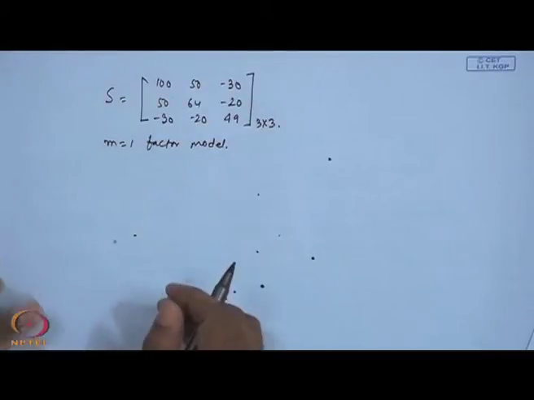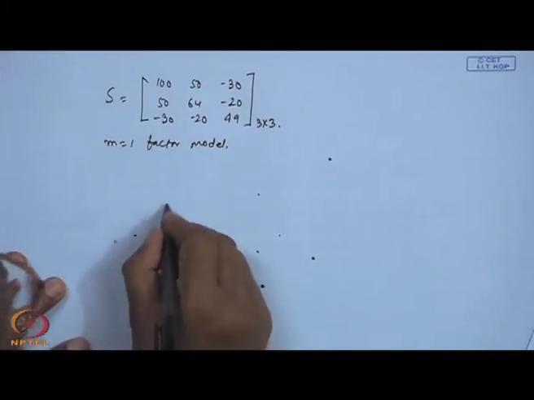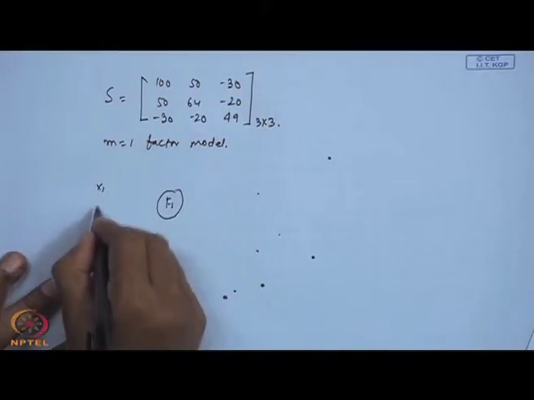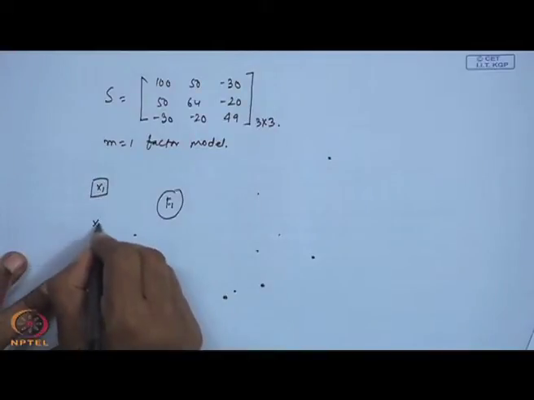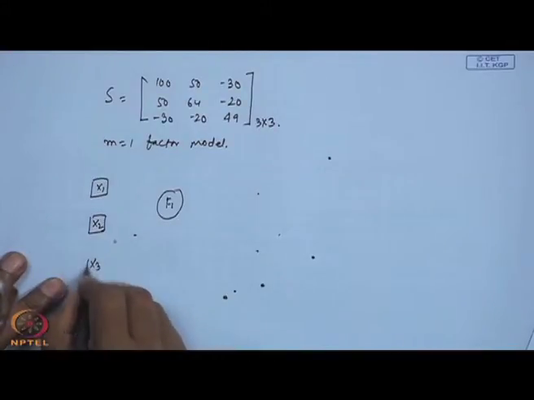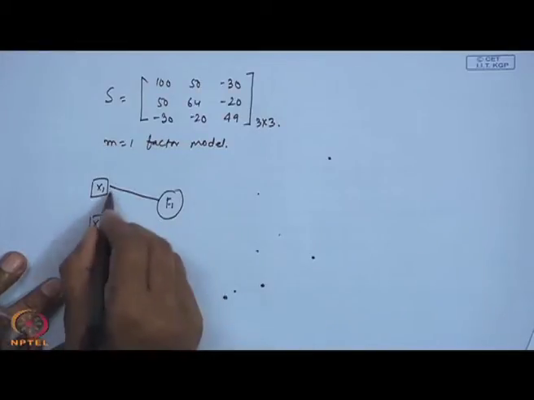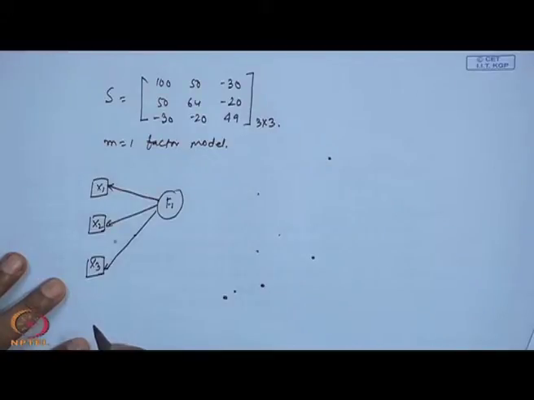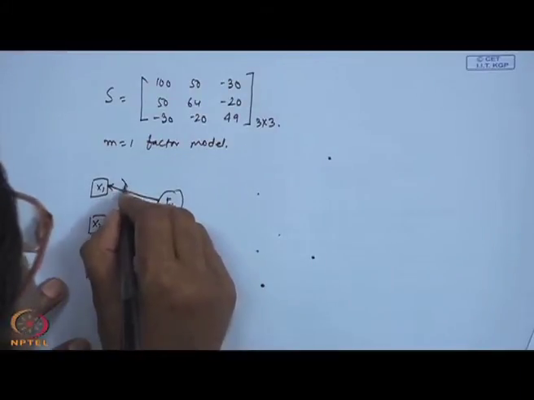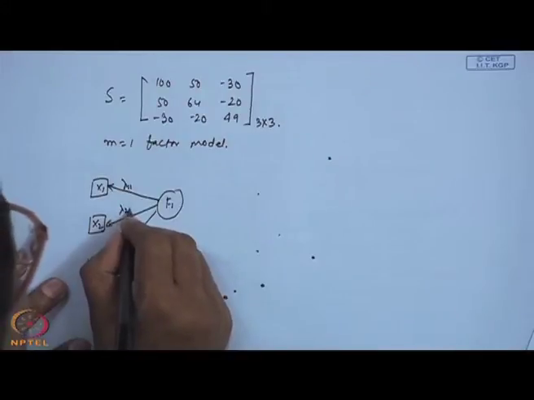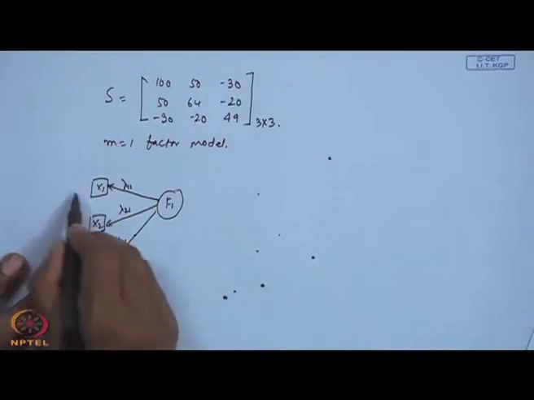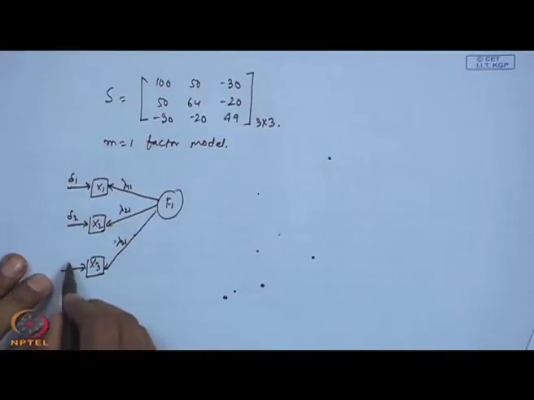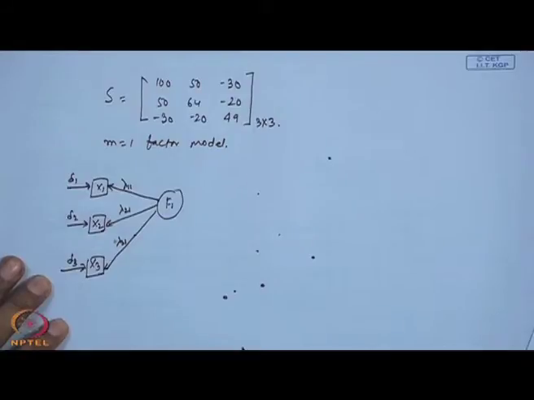What does M equal to 1 signify? That means there is one factor, let it be F1. I have 3 variables x1, x2, x3. I want to extract one factor out of these 3 variables, and I want to know lambda 1 1, lambda 2 1, lambda 3 1, and also delta 1, delta 2 and delta 3.